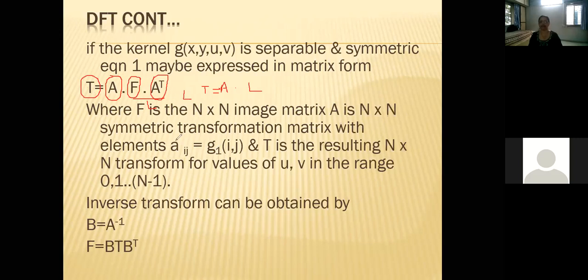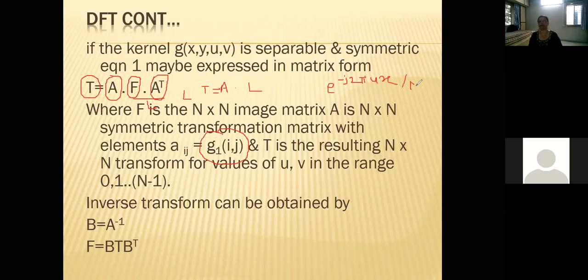These elements are obtained using the forward transformation kernel g(x,u), which is given by e raised to minus j 2 pi ux by n.